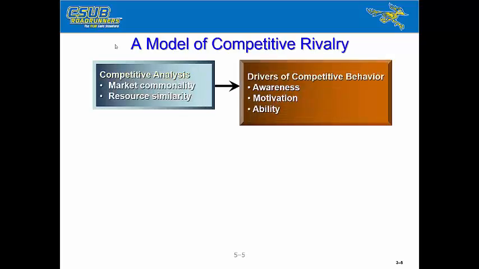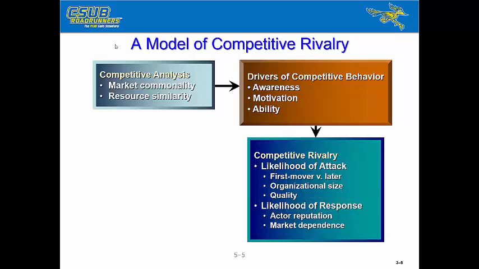Another way of looking at this is a model that we're going to look at later today, competitive or market commonality and resource similarity as two ways of looking at the competitive nature of a competitive relationship. The drivers of competitive behavior are going to be awareness, motivation, and ability. Those drivers lead to competitive rivalry, which consists of the likelihood of an attack and the likelihood of a response.